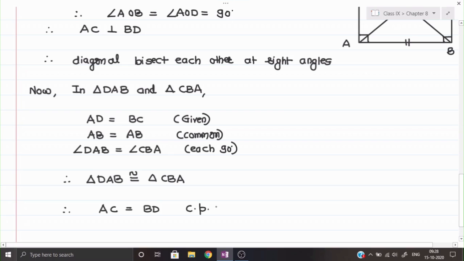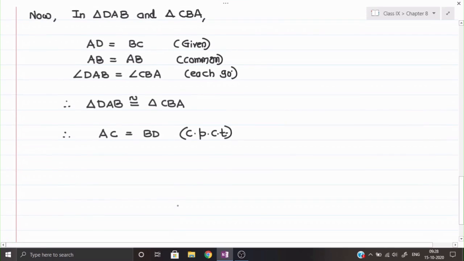You can see the main figure. In that also AC and BD are the third pair of remaining corresponding sides. Now we are able to prove diagonals are equal as well. So we can say that therefore diagonals are equal, and we are able to prove the third part also. So this completes the proof of the question.